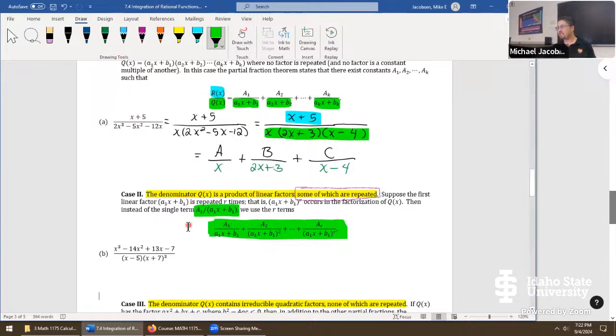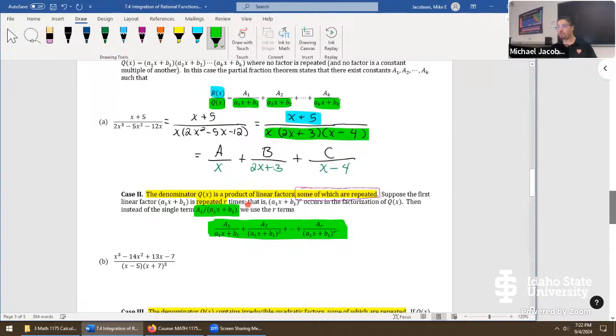So if it's repeated and it has a power of r, then we put in the denominator, first with power 1, then power 2, all the way up to that final power r, whatever it happened to be. Well, that's the format. Let's give it a try in part B.